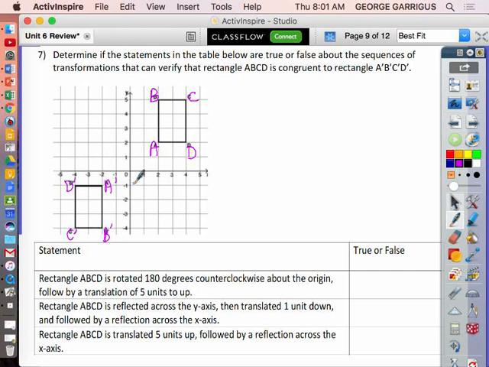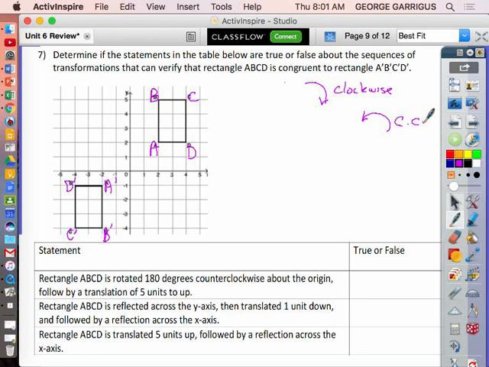Okay, so let's take a look. Rectangle ABCD is rotated 90 degrees counterclockwise. Okay, well, this is clockwise, and then counterclockwise is that direction. We're just going to put CC.